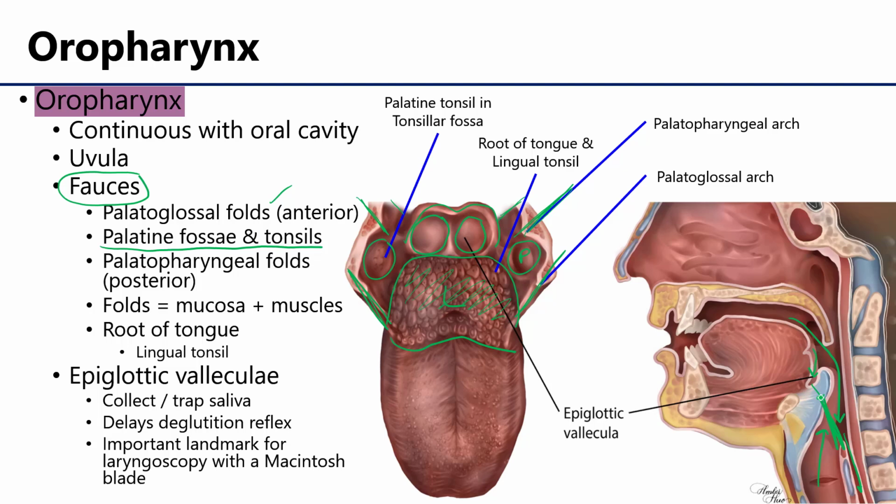These epiglottic valleculae are the target for the blade of a laryngoscope, in particular a laryngoscope with a Macintosh blade. And what happens there is the blade inserts into the vallecula, and you can pull the tongue and epiglottis forward so as to view the larynx superiorly.